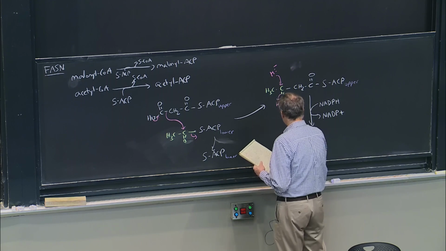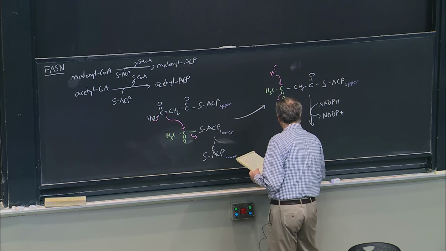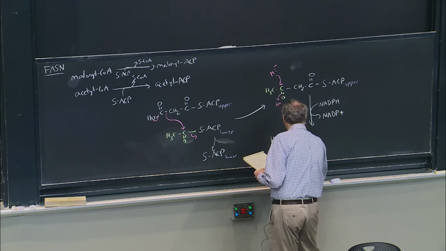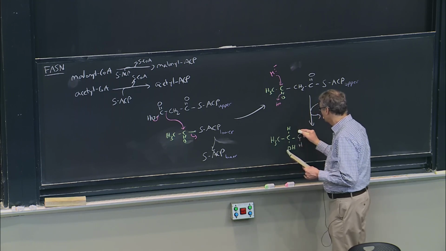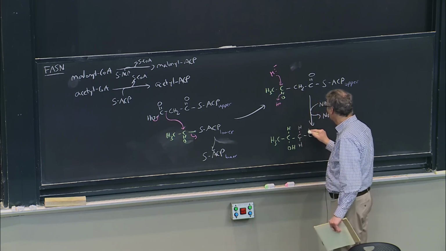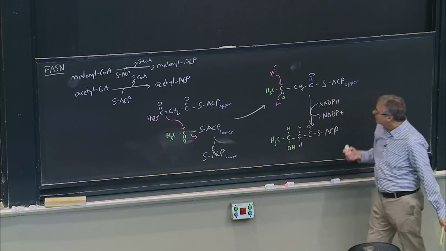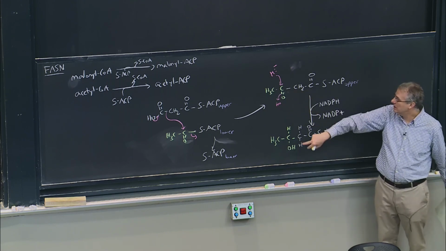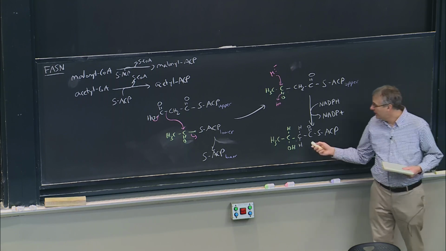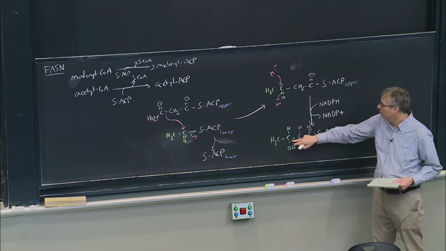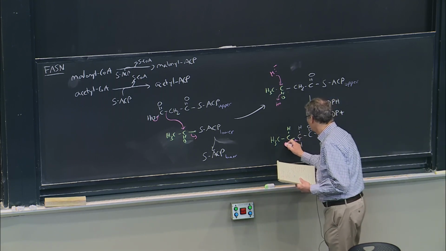And now we net reduce this ketone to this alcohol. Okay? Next step is we're going to remove water across that bond, just a dehydration.